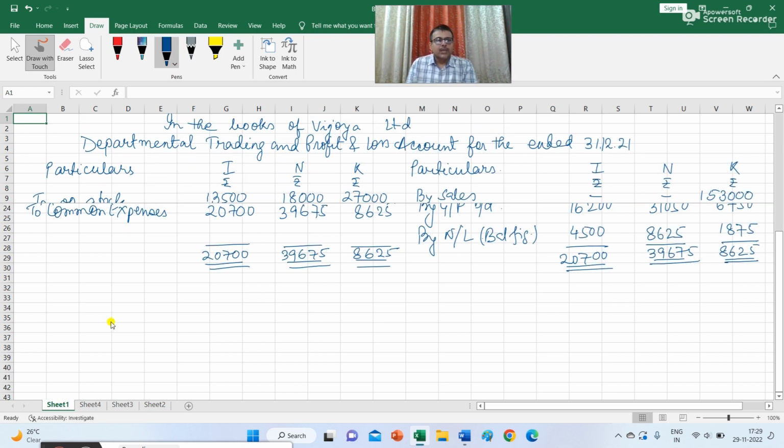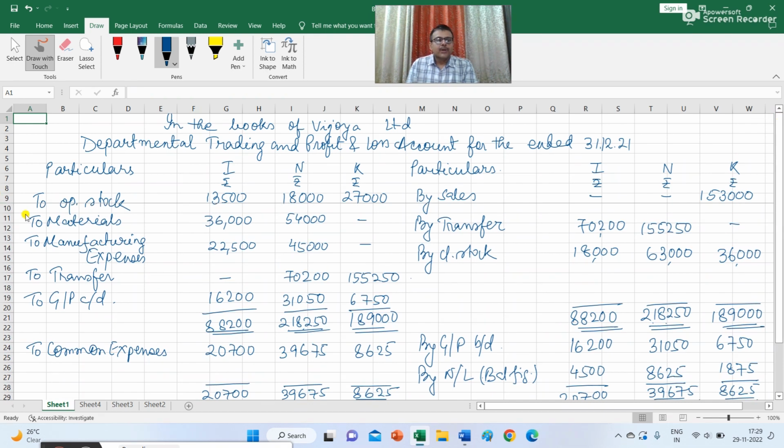You will see in the trading account of Department N that there were goods transferred from Department I to Department N, as well as outside purchases made by Department N.